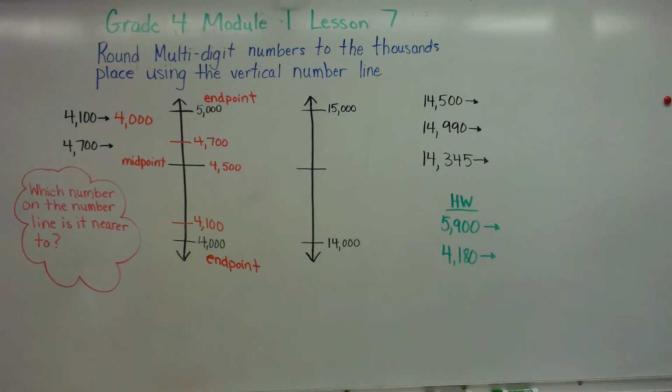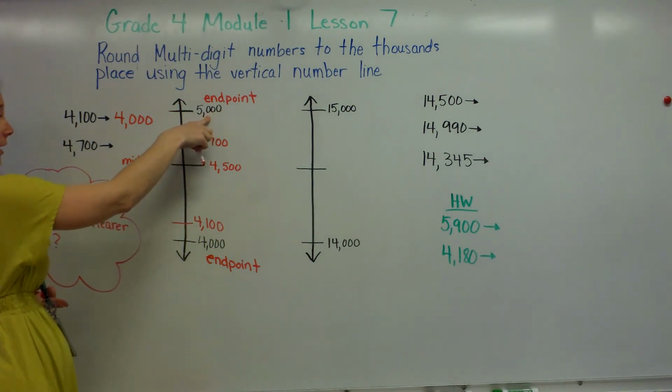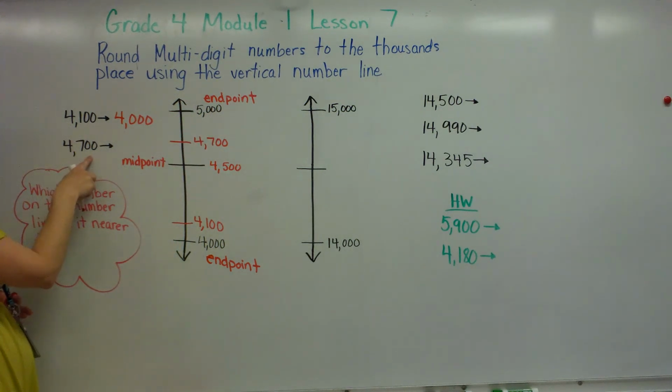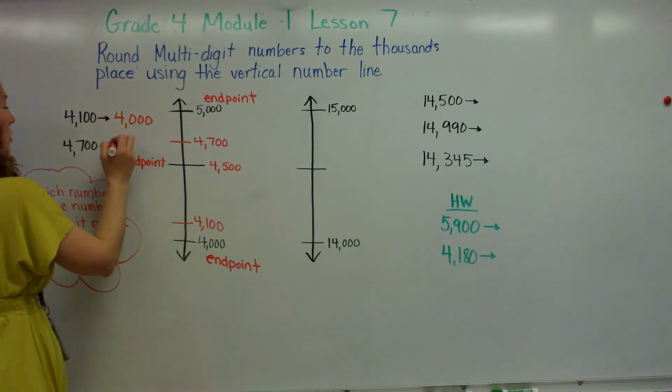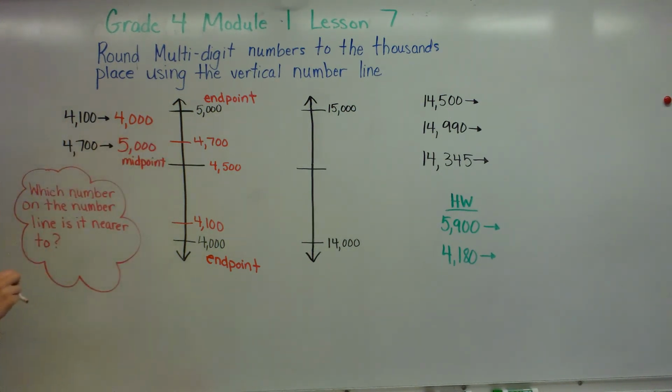Now I need to ask myself, is this number nearer to or closer to my 5,000 endpoint or my 4,000 endpoint? Well, 4,700 is closer to my 5,000 endpoint. Therefore, 4,700 rounds to 5,000.